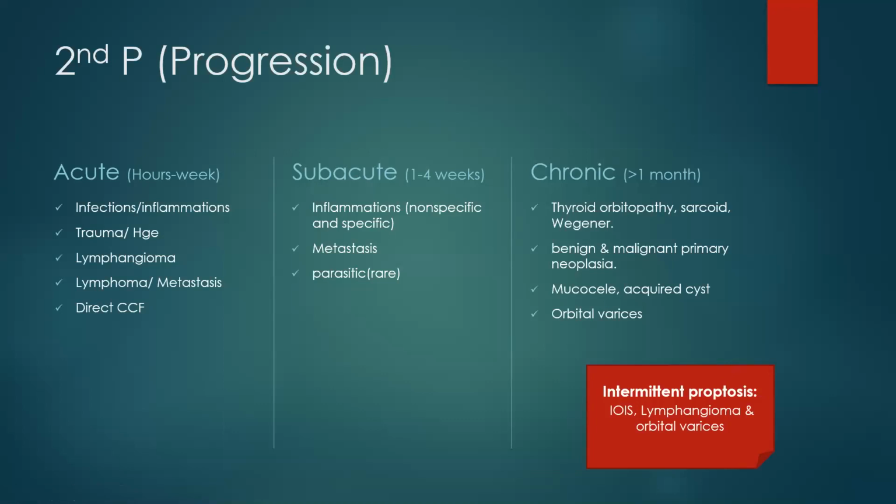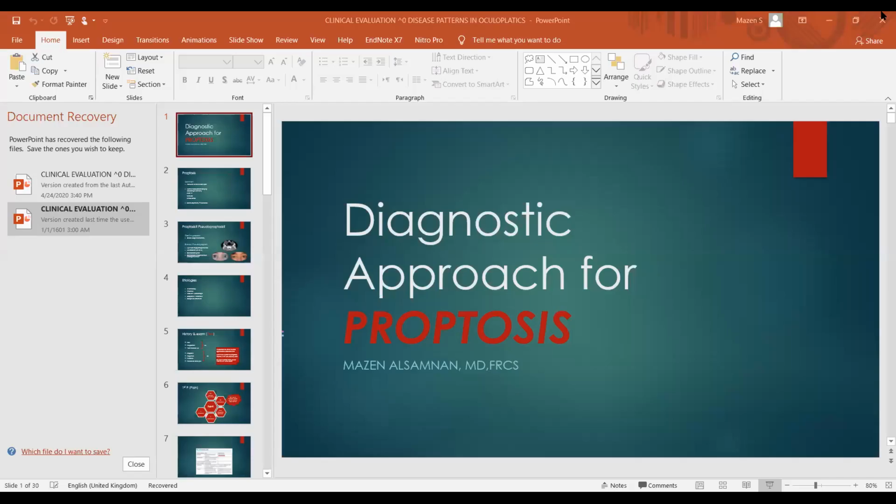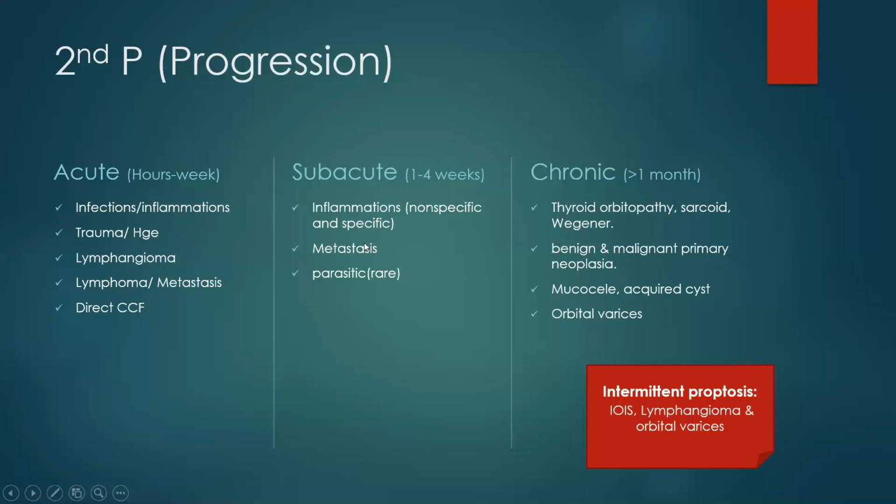So the second P is progression. Different conditions progress in a different way. So we can classify it into acute, subacute, and chronic.